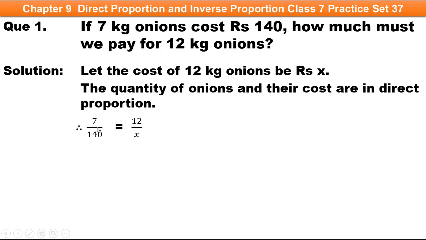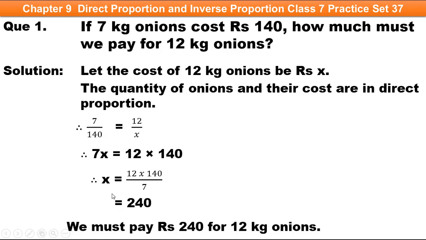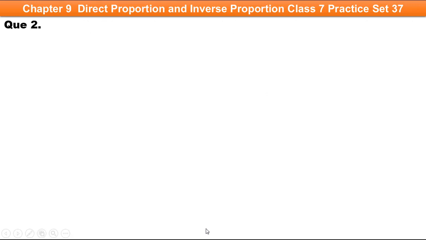Therefore, 7 upon 140 is equal to 12 upon x. Therefore, 7x is equal to 12 into 140. Therefore, x is equal to 12 into 140 divided by 7. Therefore, x is equal to 240. Then we must pay rupees 240 for the 12 kg onion.